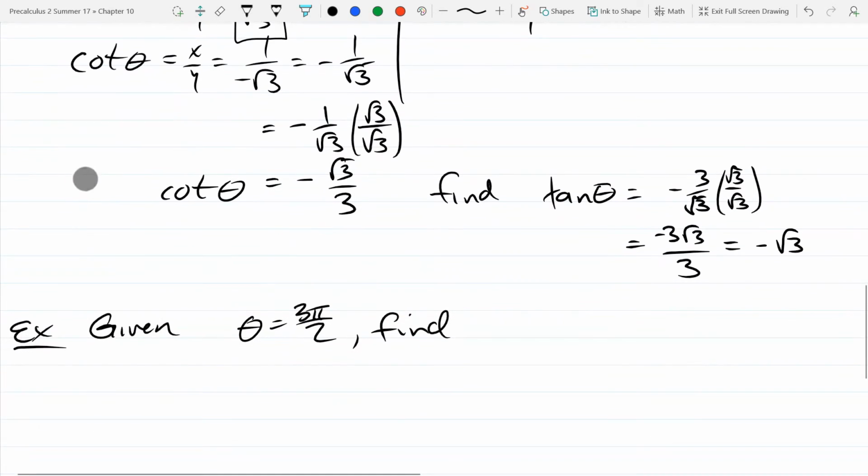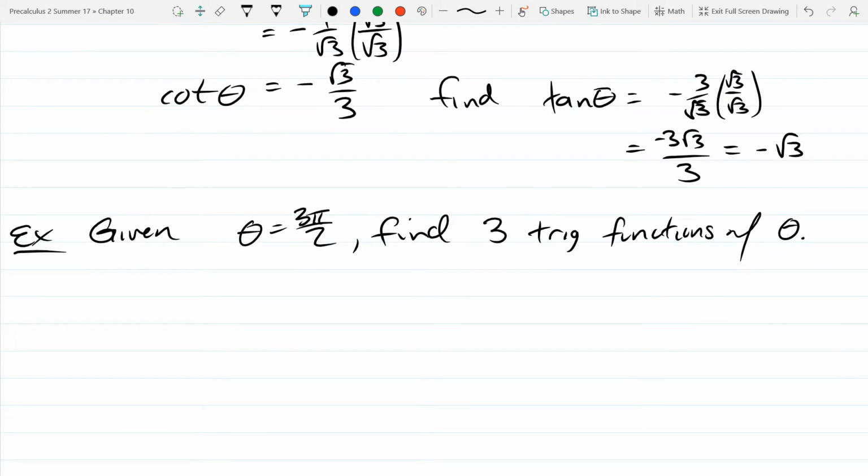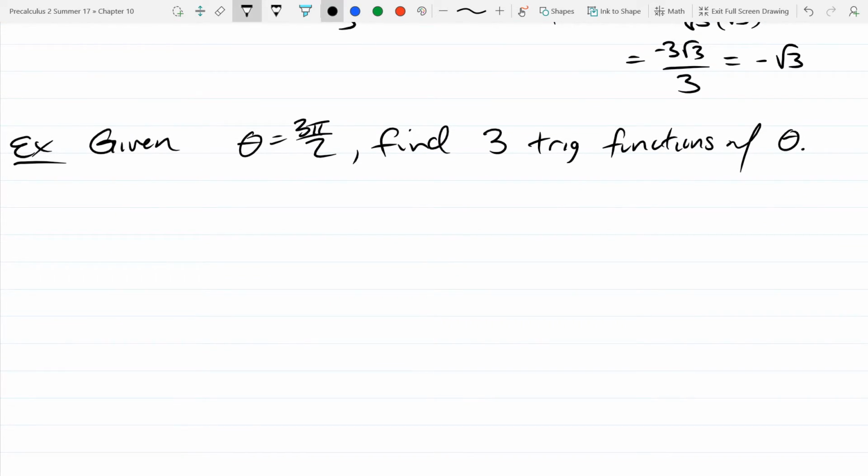If you find the first three, the last reciprocal trig functions are very easy. So I'm just going to find the three trig functions of theta. 3 pi over 2. How many rotations is that? Let's start with what we know.